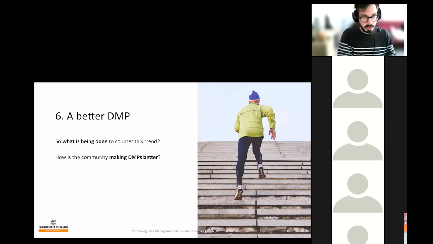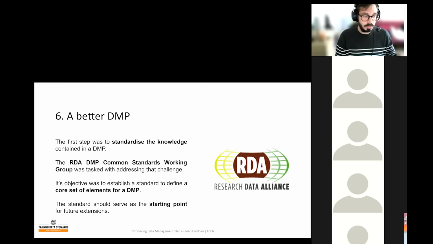So what is being done by the community to invert this trend and to address these issues? Well, the first step was to standardize the knowledge contained in DMPs, and to that effect, I'm pointing out the RDA, the Research Data Alliance DMP Common Standards Working Group, whose objective was solely to define what would be an interoperable version of a DMP.